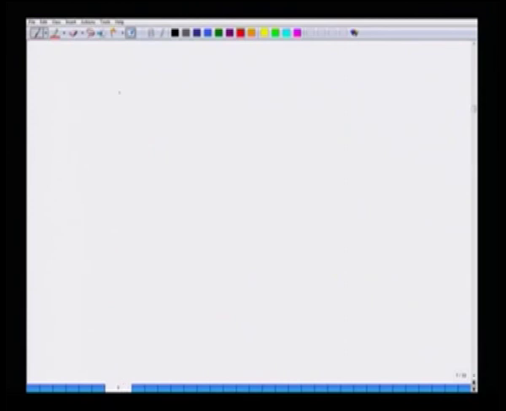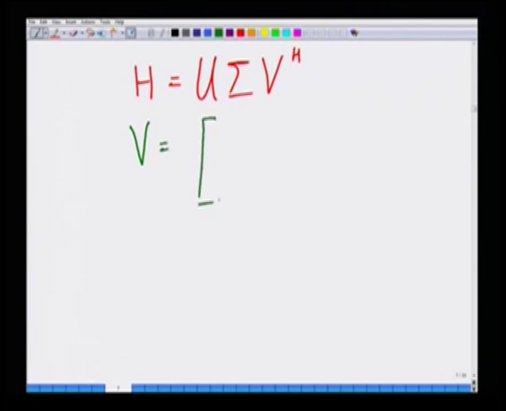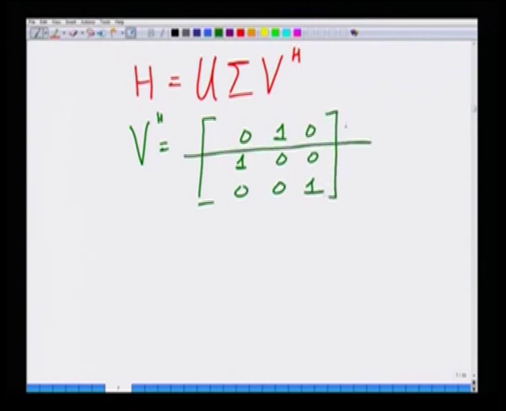From the SVD, we notice that the matrix equals U sigma V Hermitian, and V Hermitian is nothing but 0 1 0, 1 0 0, 0 0 1. Hence, this is the row V 1 Hermitian, V 2 Hermitian, V 3 Hermitian.